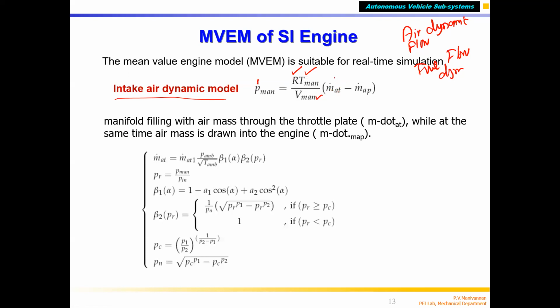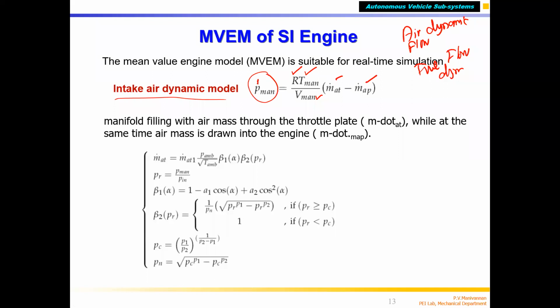Then this is the mass flow rate of the air after the throttle valve from the atmosphere, minus the mass flow rate of the air going inside the cylinder. If you know this, you can find the manifold pressure change.